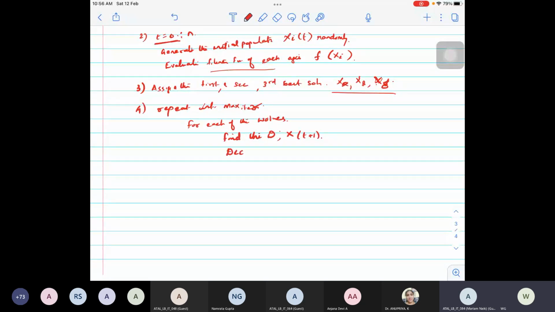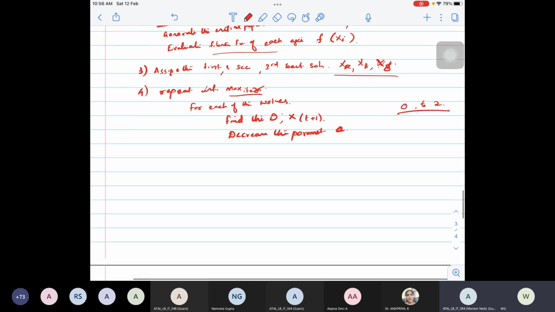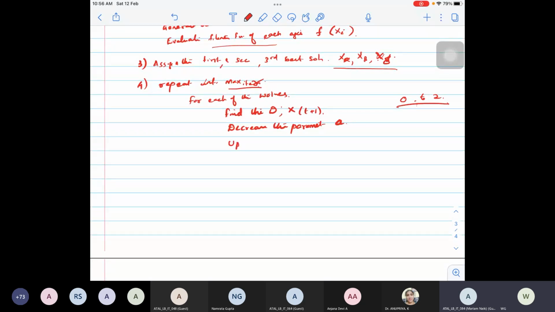Then you decrease the parameter a, because we know it goes from 2 to 0, so we divide by the maximum number of iterations and decrease it stepwise. Then update the coefficients A and C, and compute the fitness function f of xi, right?